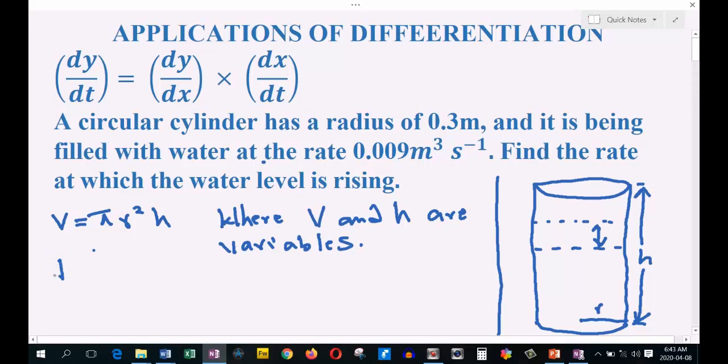So when we differentiate, dV/dH will give us pi r squared. And they told us that the radius is 0.3 meters.